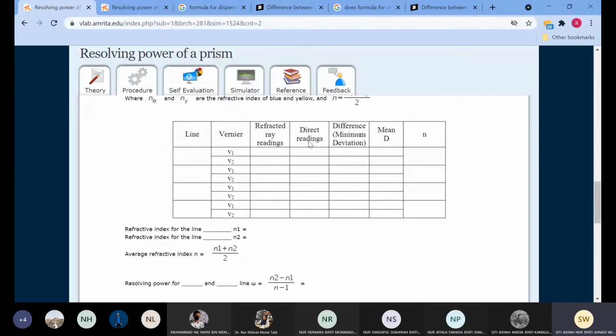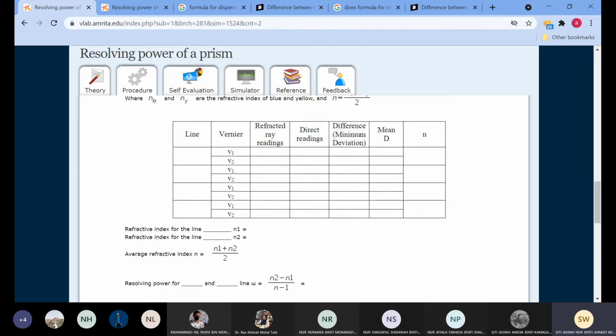Direct readings, we've got when we remove the prism, and the direct readings for V1 and V2 for all colors are constant. For difference, minimum deviation, we've got it from dividing the refracted ray minus the direct readings.